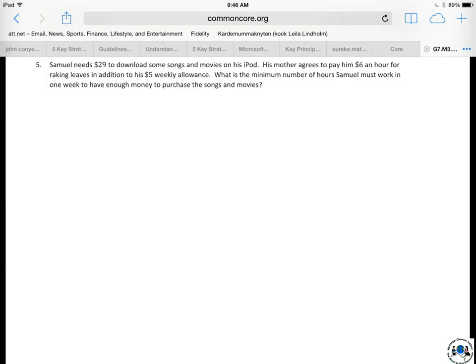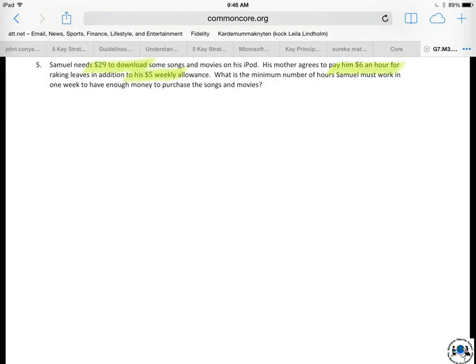Okay, so here we go. We have Samuel, and Samuel needs $29 to download some songs, okay? His mother agrees to pay him $6 an hour for raking leaves, in addition to his $5 weekly allowance.